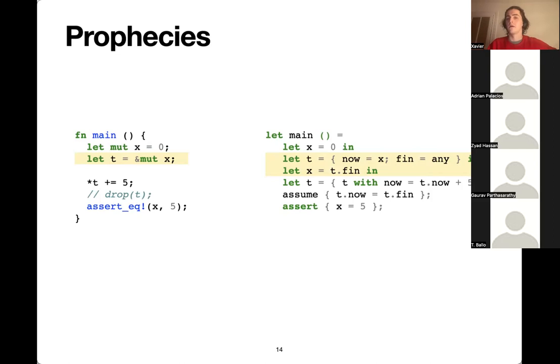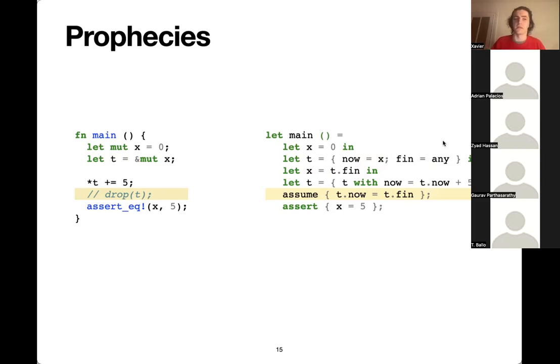So as I said before, mutable borrows are represented by this pair of values, the current and the final value. And we do all of our operations using the current value. So when we increment the value of T by 5, we just update its current value to be whatever it was plus 5. And eventually we get to the point where we drop T. And at this point, we also learn something about T. And this is the other half of the prophetic model, is that we get a resolution of our prophecy.